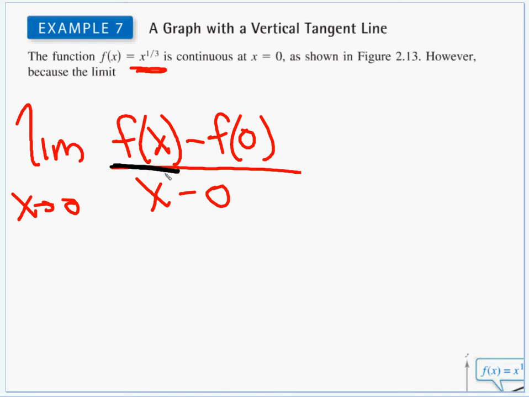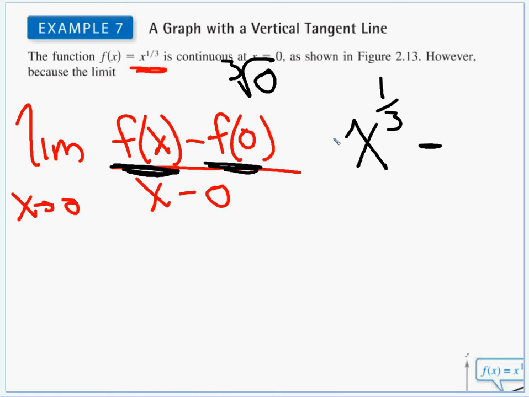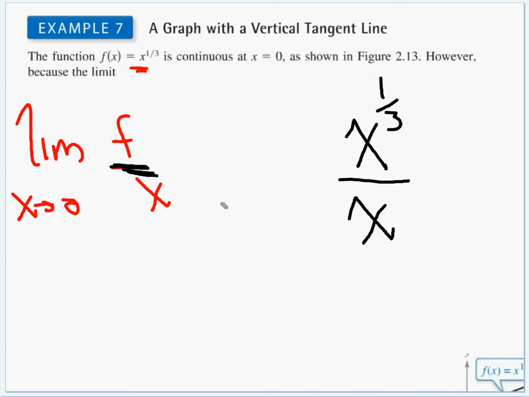So this is going to be the cube root of x minus f of 0. The cube root of 0 is 0, so that would just be minus 0, and we don't even need to write it in there. Down in the denominator is an x. So x to the one-third over x, if I tried to direct sub, I still get 0 over 0.